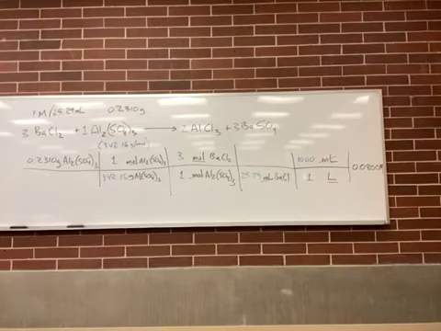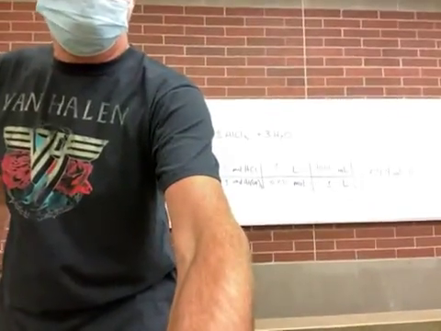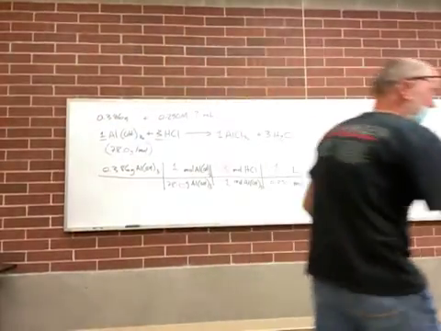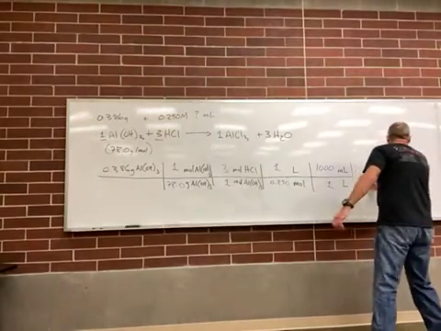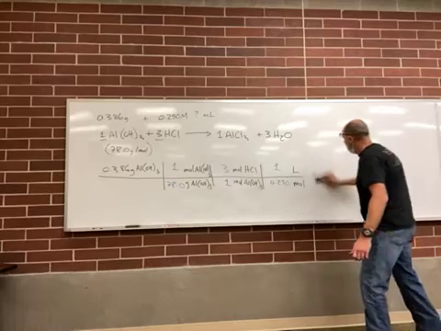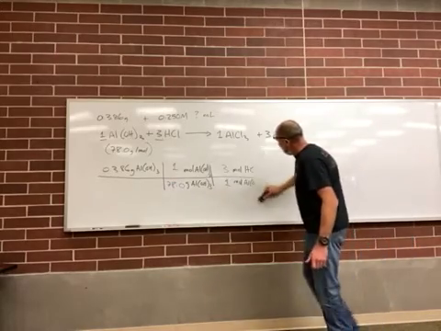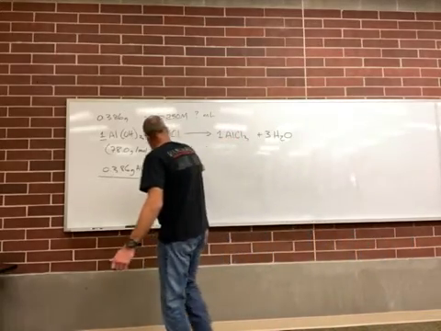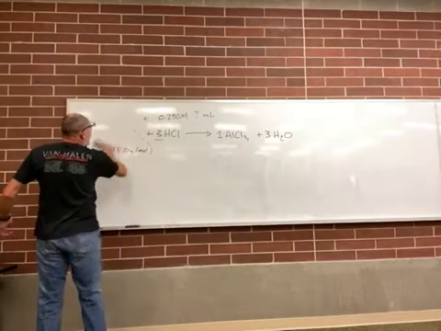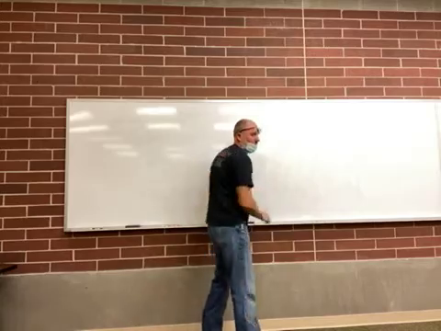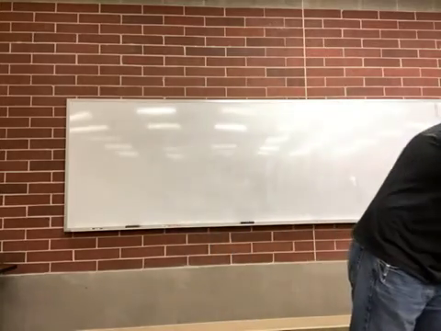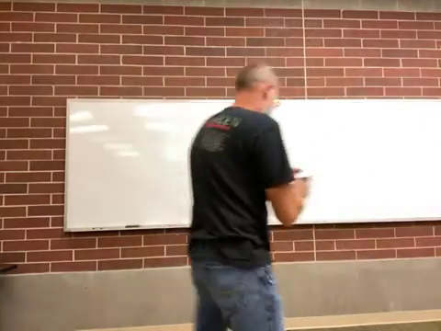Okay, let's do, I have a third one. We're still going? We're still going. I'm gonna move myself over here. Okay. Any questions on that? Sorry, just shout it out. Okay, so for this one, we've got iron.